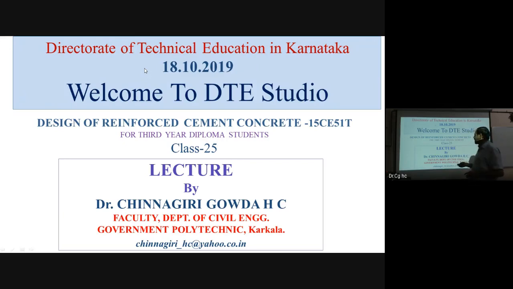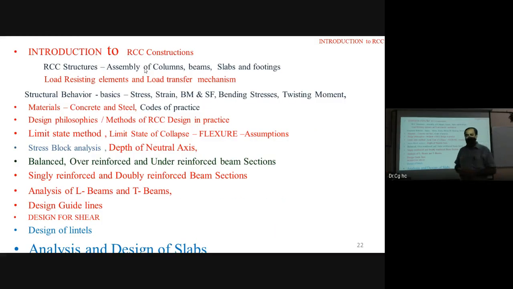In the last 24 classes, we have discussed concrete structures, construction practices, the materials used in RCC construction and their behavior, material characteristic strength, safety factors, and the behavior of reinforced cement concrete, that is compression, tension, and the neutral axis depth, then providing reinforcement in the tensile zone and also in the compression zone.